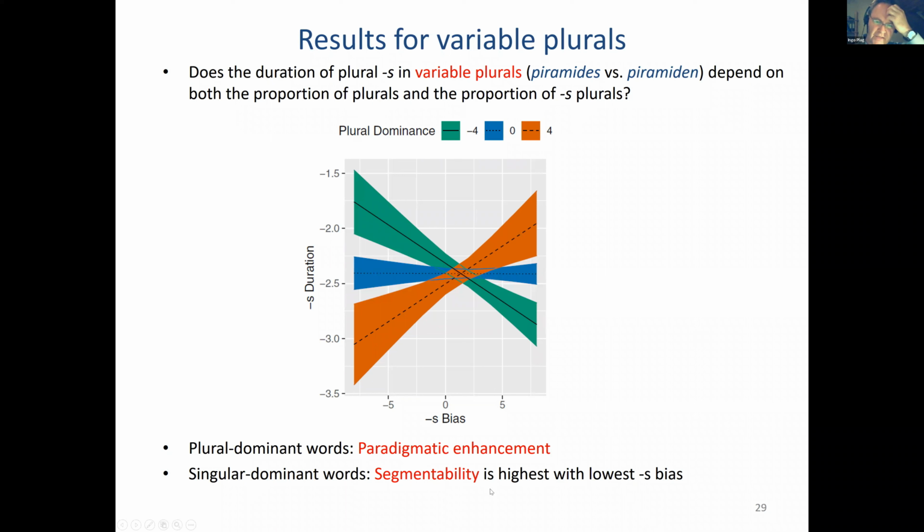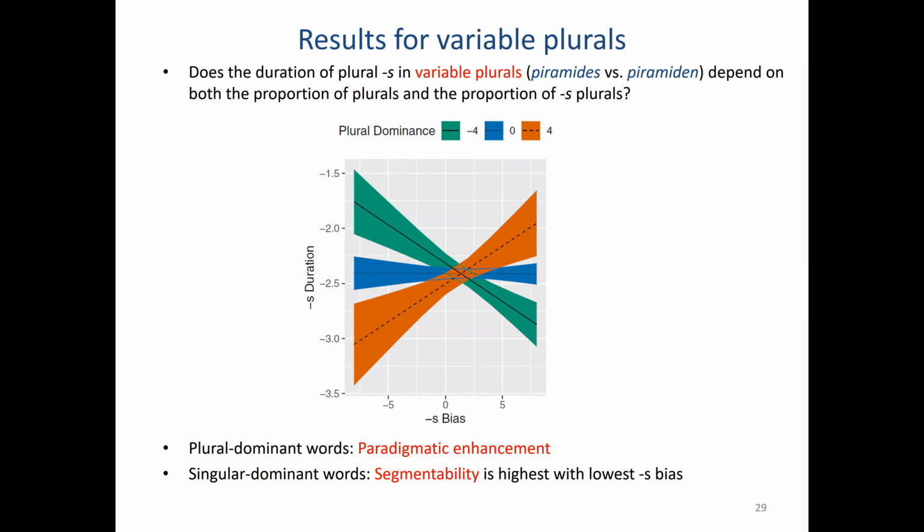One story would be that if you consider the singular dominant words and their S bias being low, it means that in general, we are talking about words that have fewer plural words. And among the few plural words, we have very few S's.